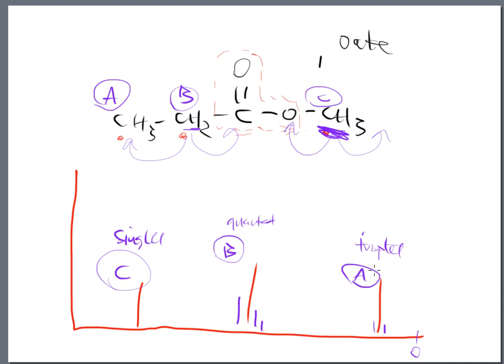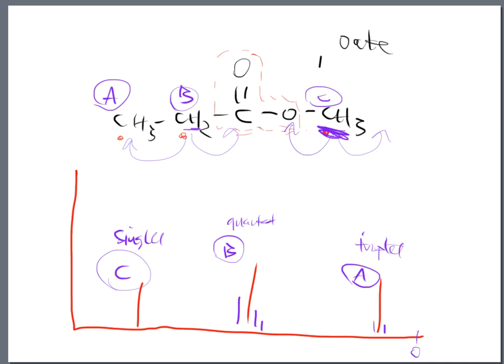So I know that the adjacent positions will have 2 protons in total, and then here's a quartet, so I know the adjacent position to that one, or positions, will have 3 protons in total, and then here is a singlet, and that singlet means that at that particular location, the neighbors do not have any protons at all that I need to take care of, because it is a singlet and it's one line and one line only. So that is how we would describe what we are talking about on an NMR.